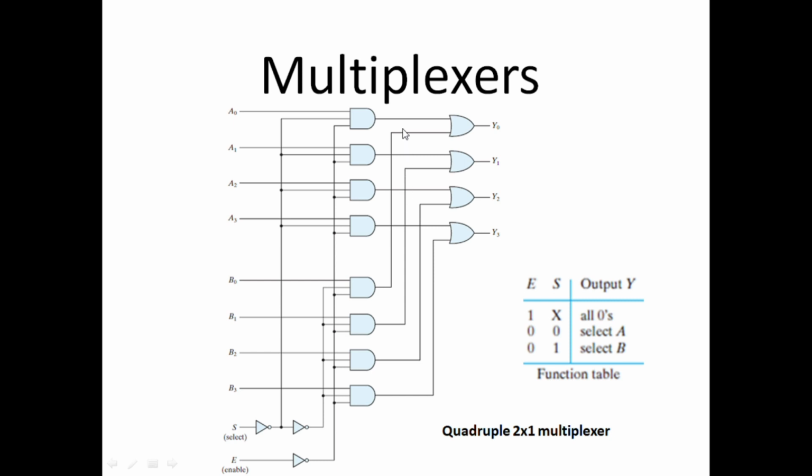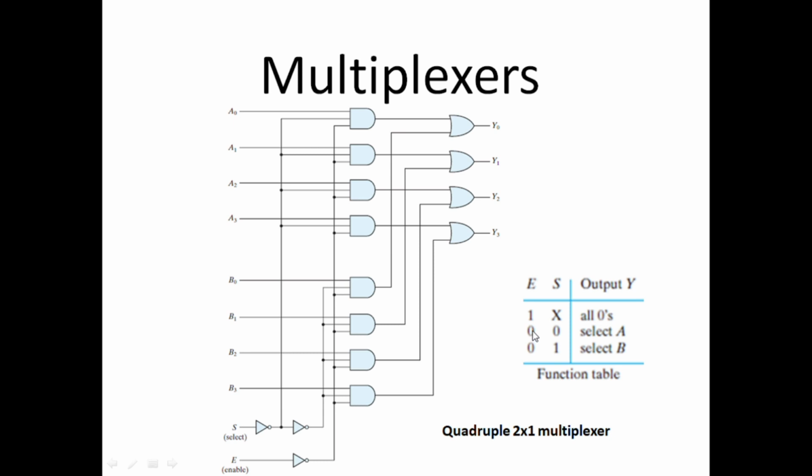So the output is always 0, and when they are given as input to the OR gate, they become 0. Okay, so at the output Y, we get all zeros. Whenever the enable is 1, regardless of the input X and regardless of the value of the select line, at the output we get all zeros.